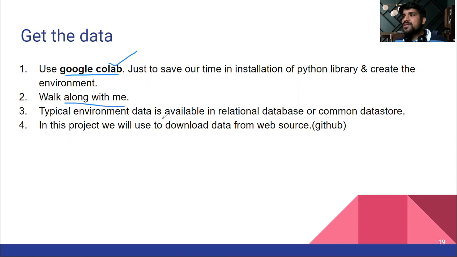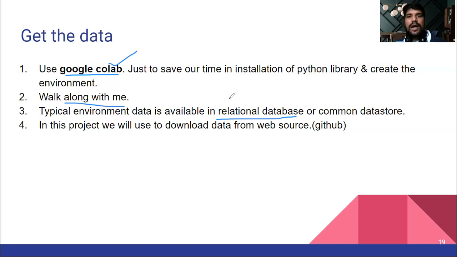Next, what kind of data are we going to use? Typically, when we are doing a real world problem, the company has saved its data in a relational database, I mean SQL, MySQL, then MongoDB, these kinds of databases where we have tables.